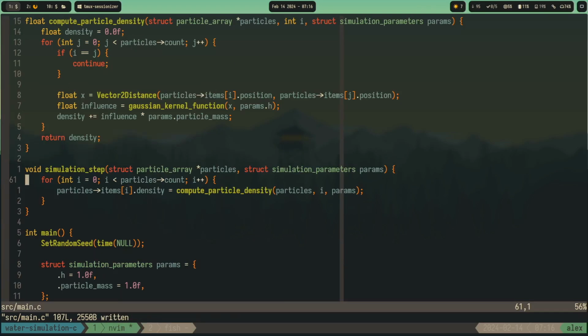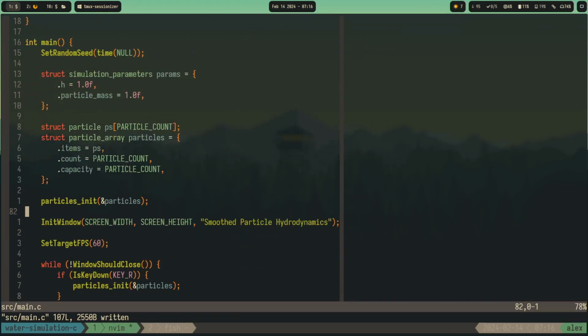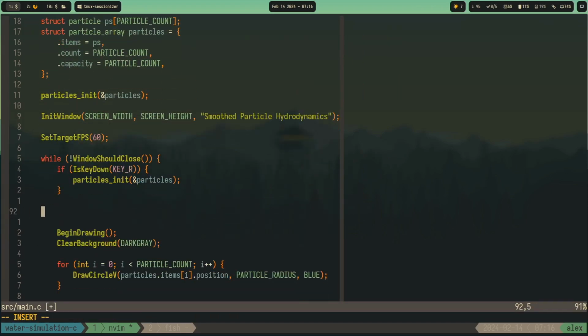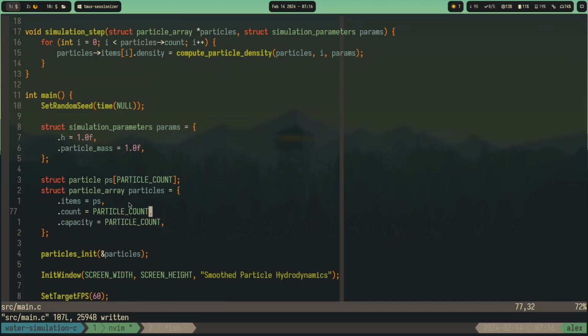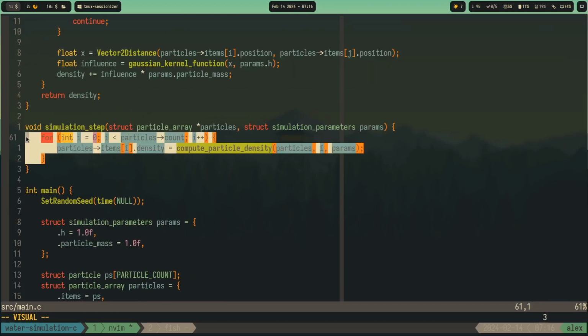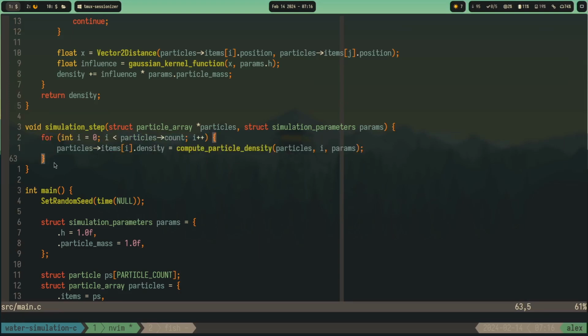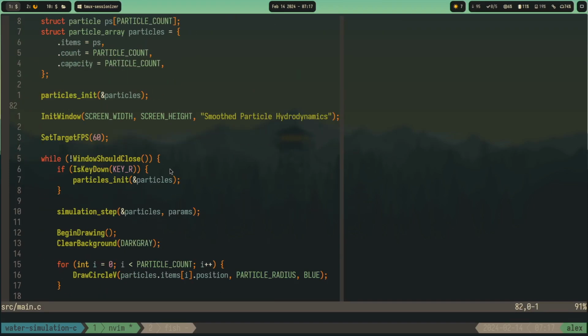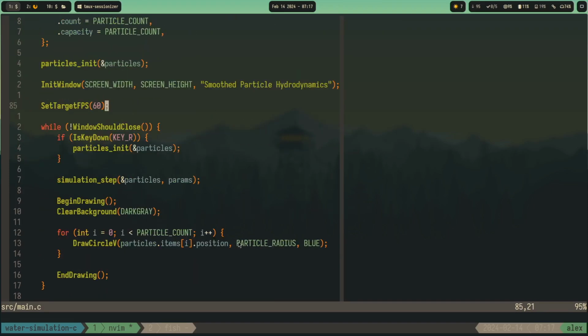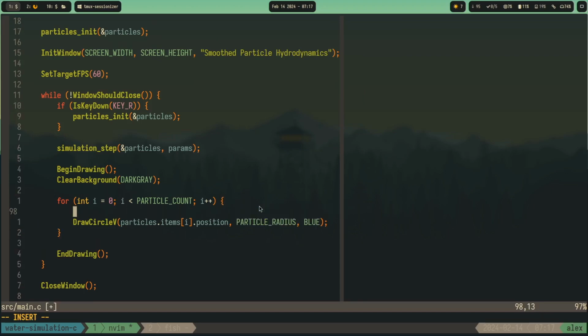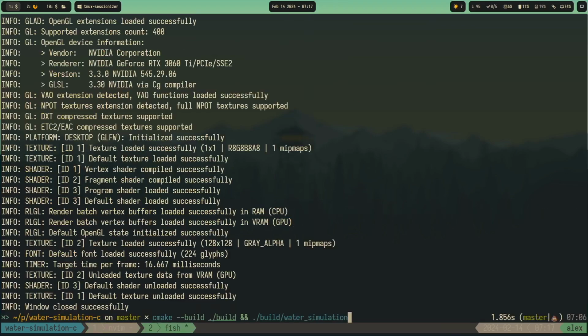So yeah, we won't see anything, but let's try to visualize density, right? And we can do that by changing, I guess, the particle radius. But first, let's see the density. Let's see what it looks like.